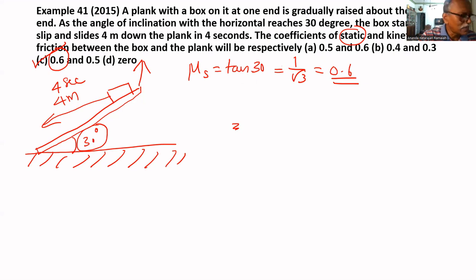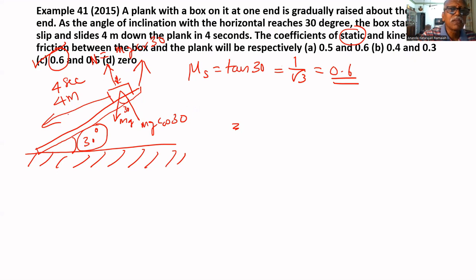How did this tan 30 come? When it tends to move, it is not moving. When it tends to move, we have to find the static friction. Net force on the box: downward is mg. If you resolve this, this angle is also 30. Upward is the normal, normal equal to mg cos 30.